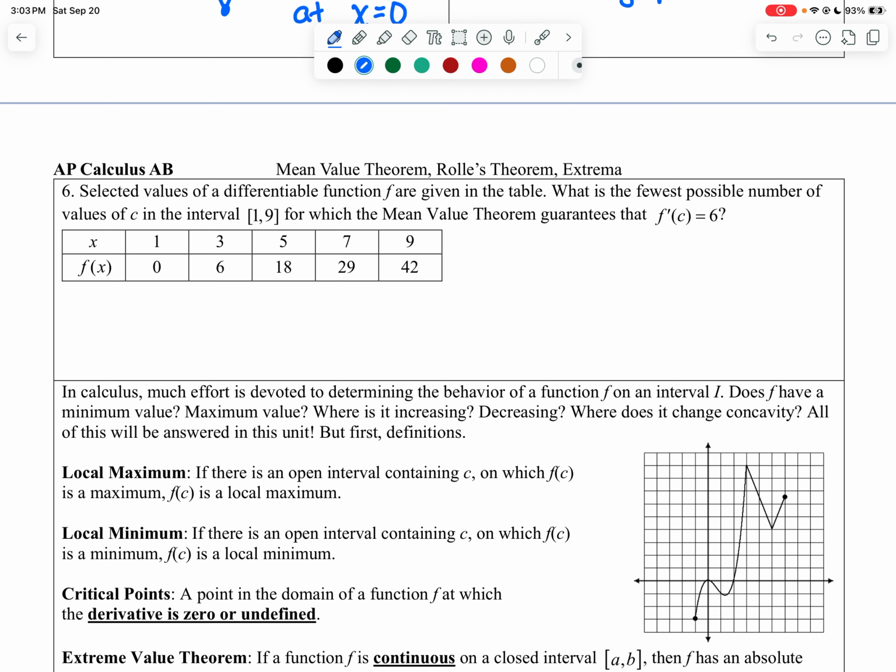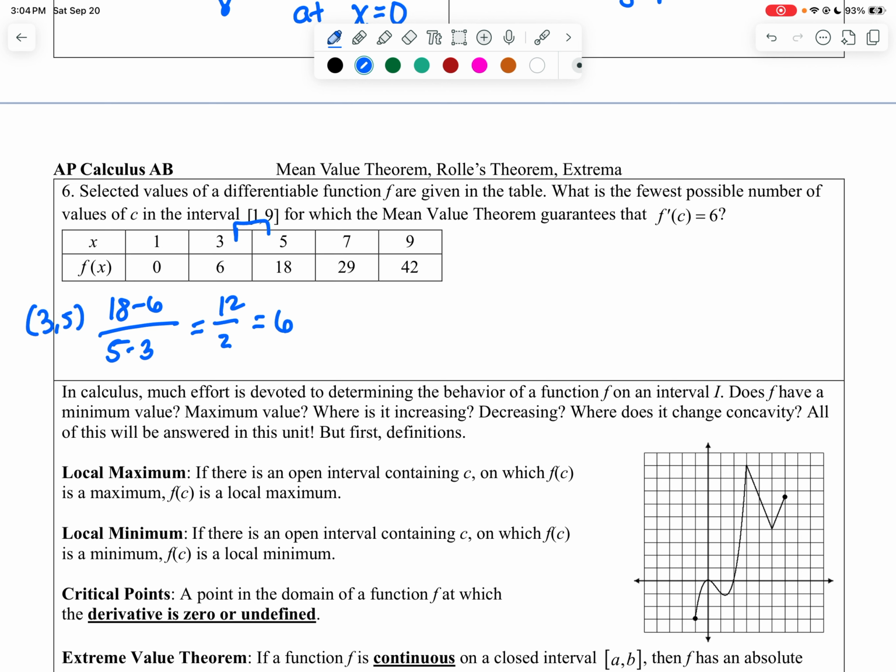All right. From 3 to 5 is one of them. So in this case, 18 minus 6, over 5 minus 3, 12 over 2 is 6. So 3 to 5.